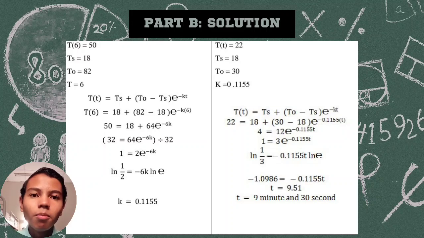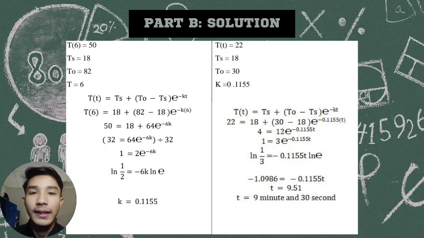Then we divide negative 1.0986 by negative 0.1155, and the t we get is equal to 9.51, which we change into time. We get 9 minutes and 30 seconds. So the time taken for the solution to go from 30 to 22 Celsius is 9 minutes and 30 seconds. That's all from me. Thank you.